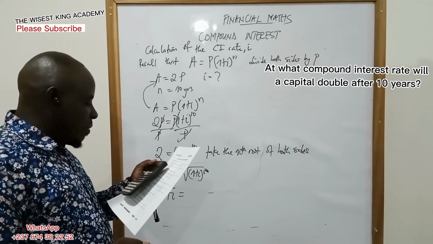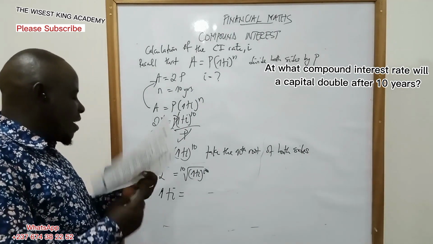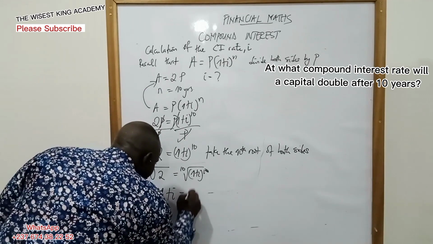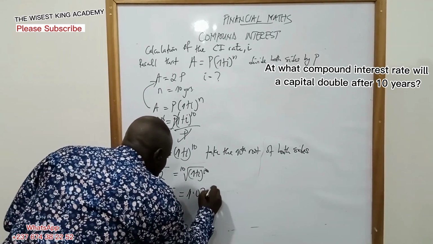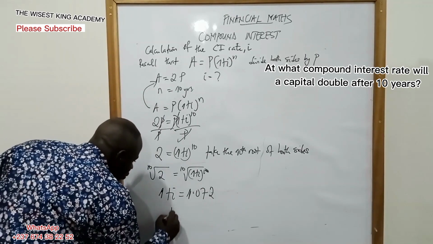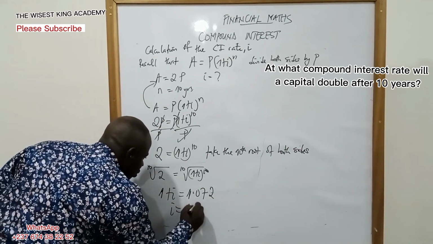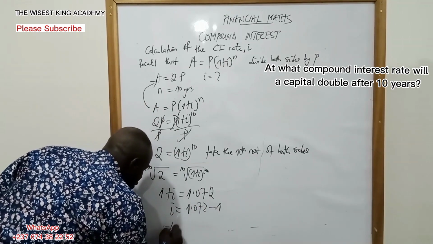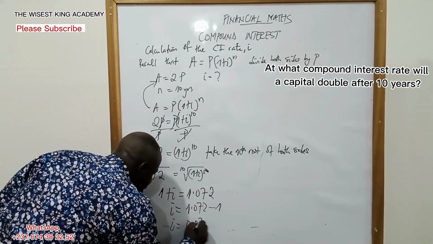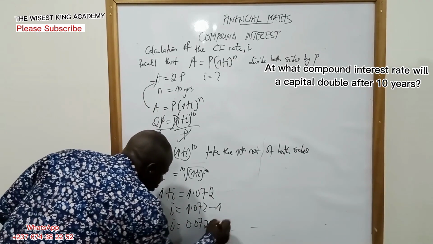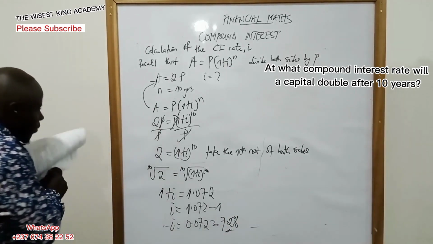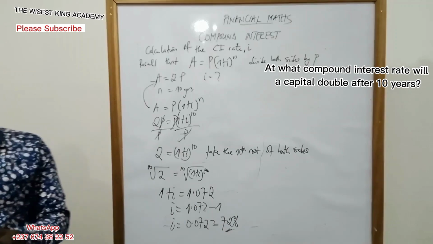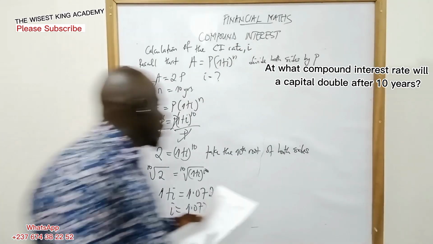That's going to be 1.0717, so I'll put 1.072. So I will be equal to 1.072 minus 1, so I will be equal to 0.072. If you multiply by 100, that gives us 7.2%. So that is the compound interest rate.